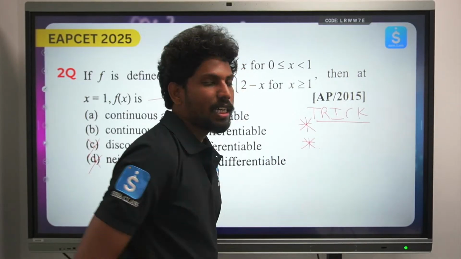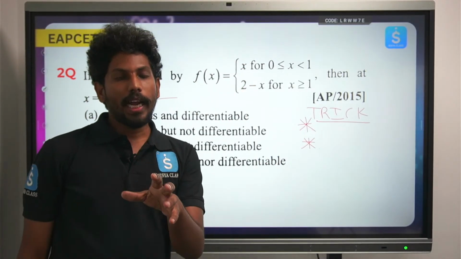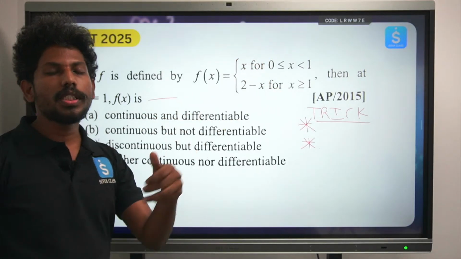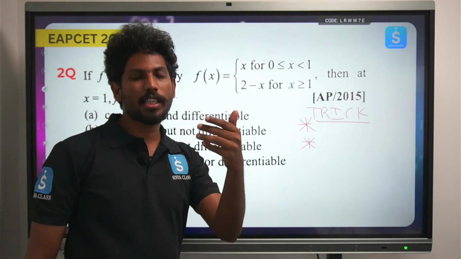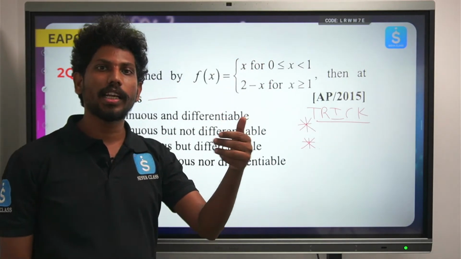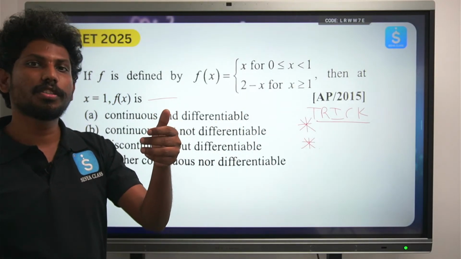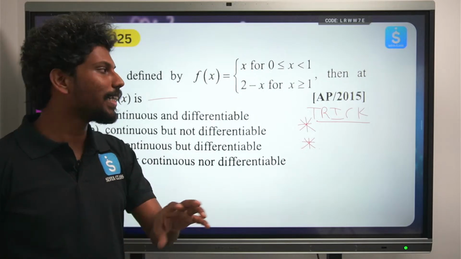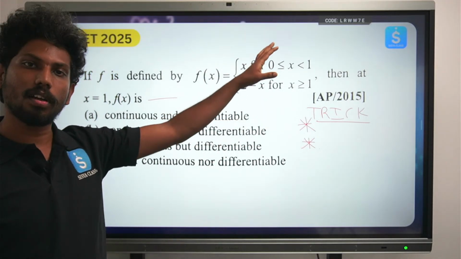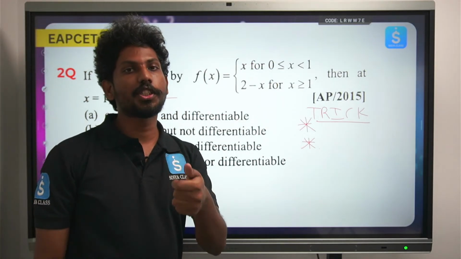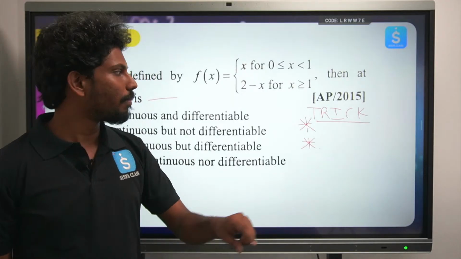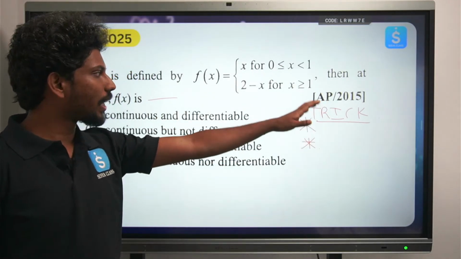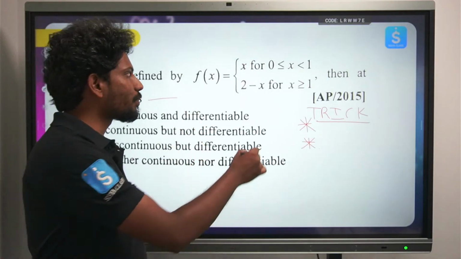Just see here, when differentiability comes and you have polynomials, and when you have the split function, you don't check left hand differentiability, limit h tends to 0 f of a plus h minus f of a by h, limit h tends to 0 f of a minus h, it takes almost half an hour to completely decide whether the function is differentiable or not. If the situation is demanding, then we don't have any other option, but unless and until that is the last thing that you should touch. Before that, this is a very important trick.